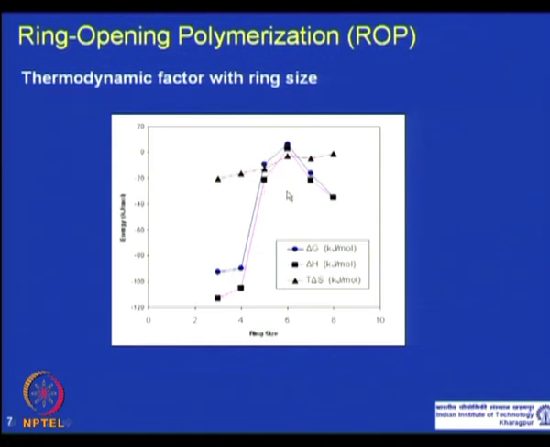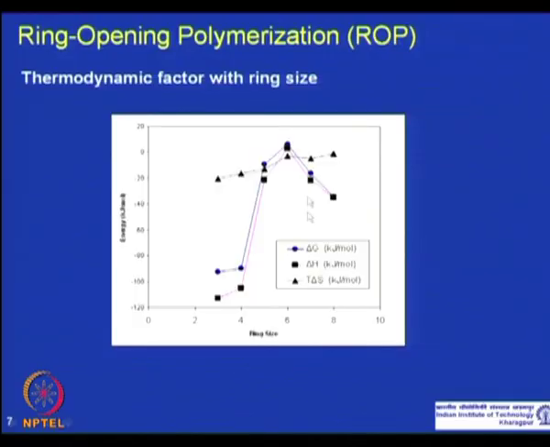So, this polymerization is dictated mainly by the enthalpy change, because 3 and 4 membered rings are highly strained, and when they open up and polymerize, they give up a lot of this energy which is released because of ring opening.